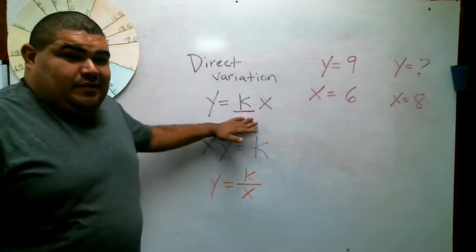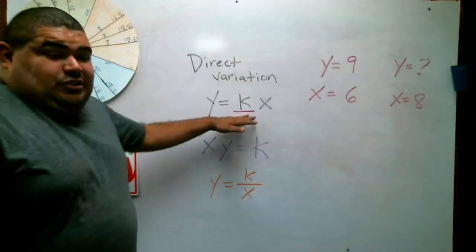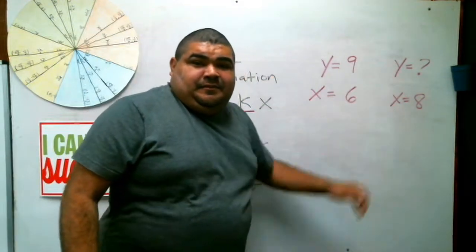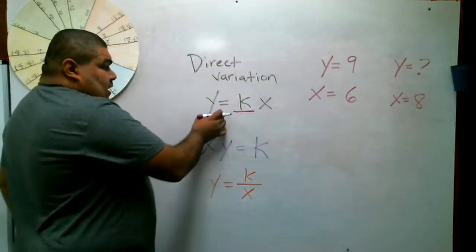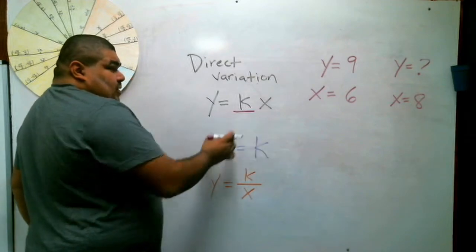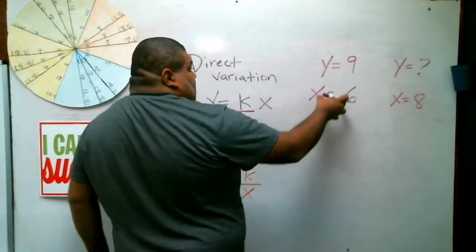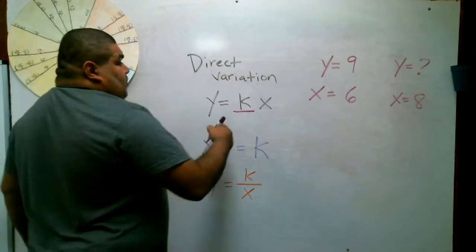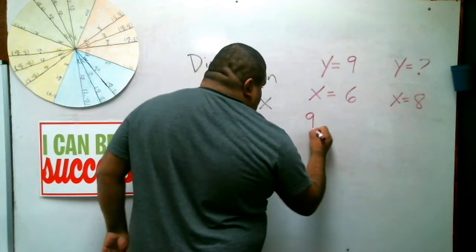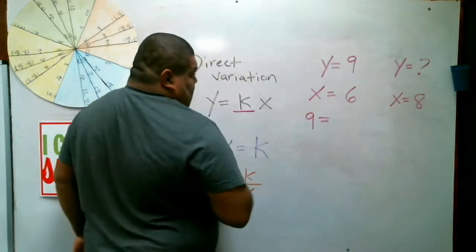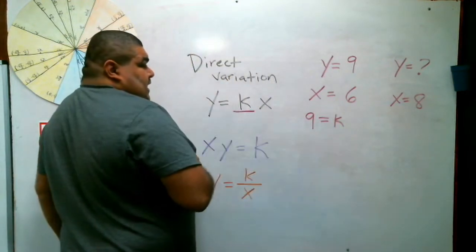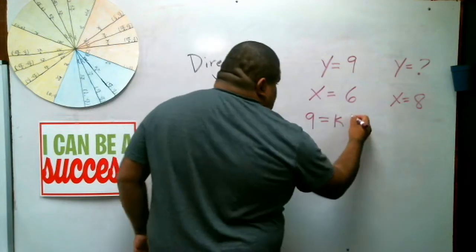We're going to use direct variation because we still don't know what k is. Notice that it didn't give us any k's. So we know what y is, we know what x is, we still don't know what k. So what we're going to do is plug in the first one, the one that is completed. So we have 9 equals k, and then the x, which in this case is 6.